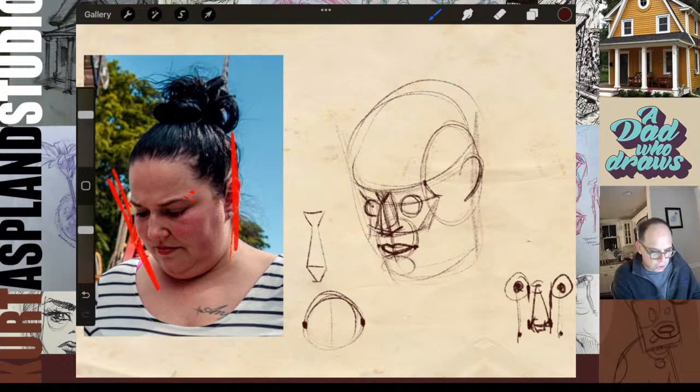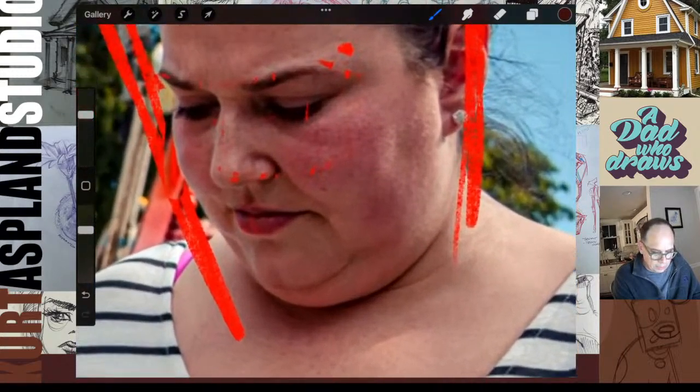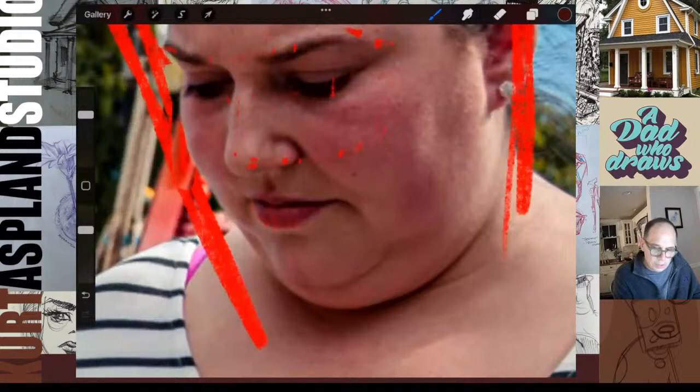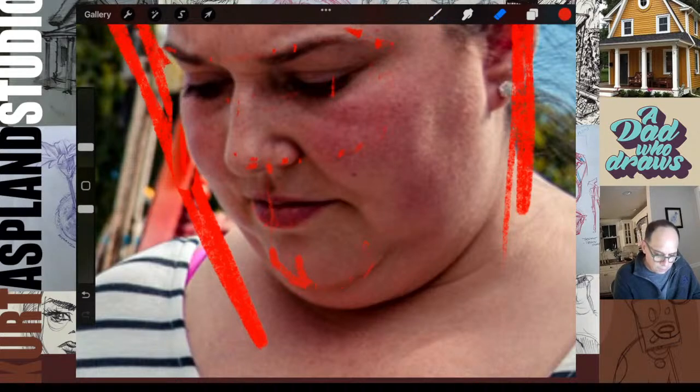Okay, let's look at her chin. Now, it's interesting. If I zoom in here and look at her chin, look where this side, this is her chin. And if I visually look, oh, look, this lines up almost with the center of her nose. Here is the center of her chin. So once again, you could see that's what we have to account for.